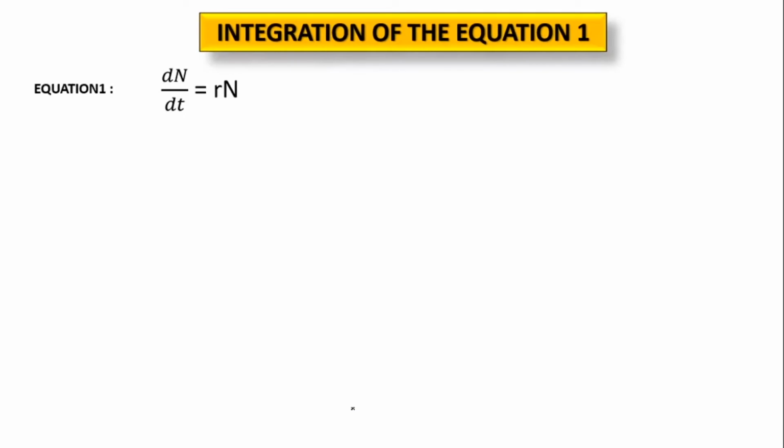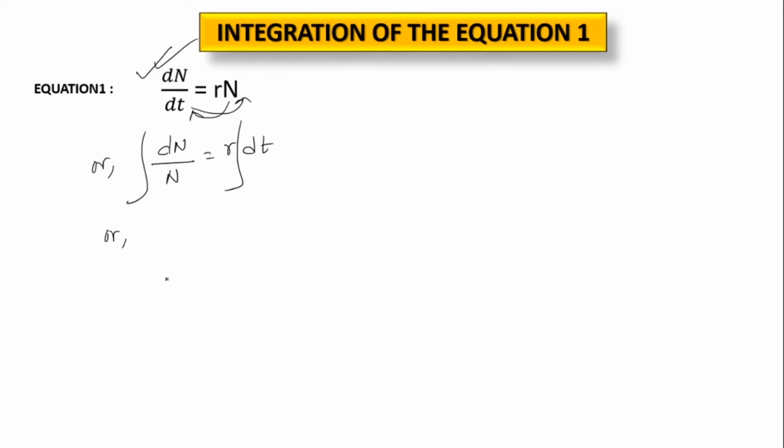So what is the integration of equation number 1 of our previous slide, that is dN/dt equals rN? If we integrate this formula, what will we obtain? Let's see. First we will transfer N to the left-hand side and dt to the right-hand side. So dN by N equals r dt, and we will integrate on both sides.